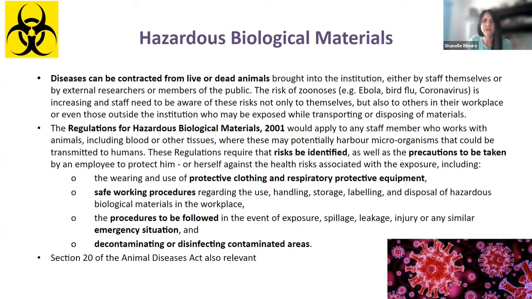And also the procedures that need to be followed for the decontamination or disinfection of contaminated areas. And then also importantly, Section 20 of the Animal Diseases Act is also relevant here.